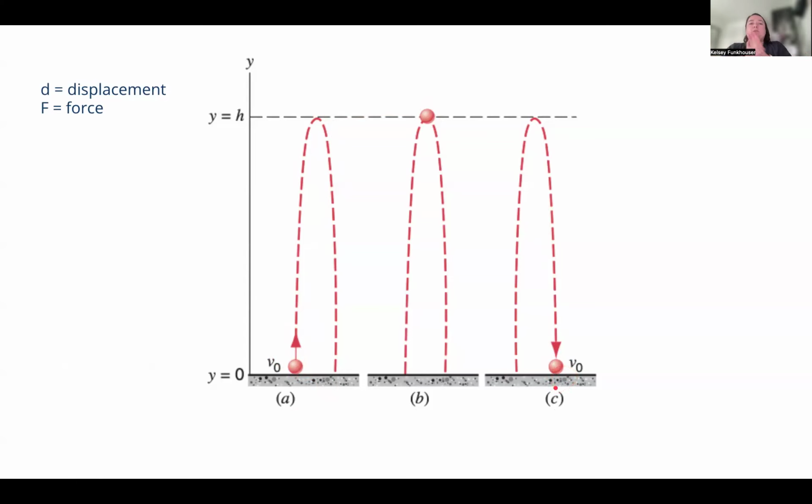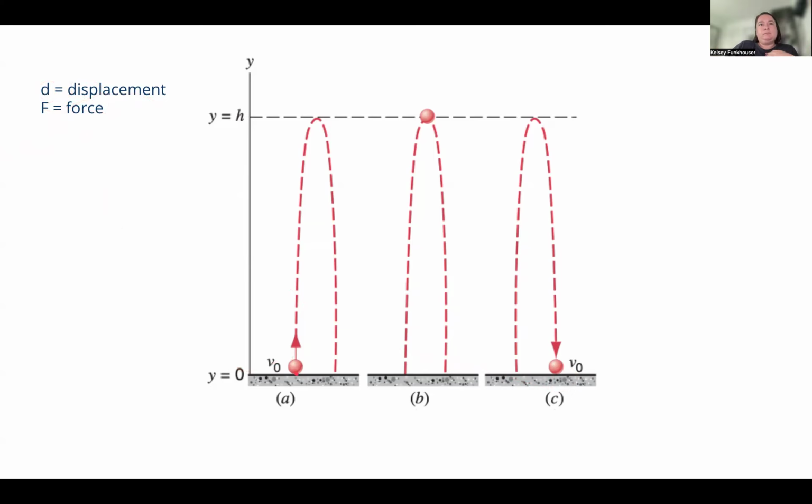So I want to talk a little bit about what happens during this entire process, looking at work done specifically. I'm going to show you the direction of the displacement and the direction of the force for these three different timestamps. D is for displacement, F is for force.